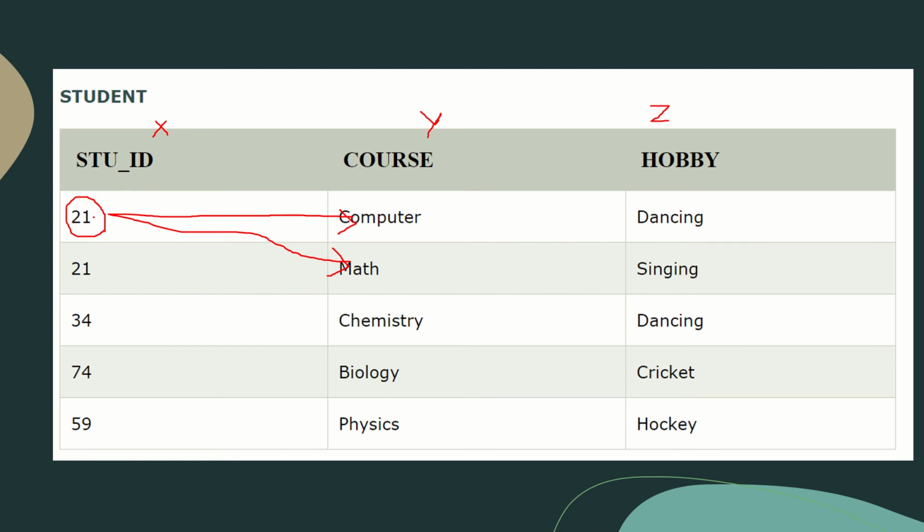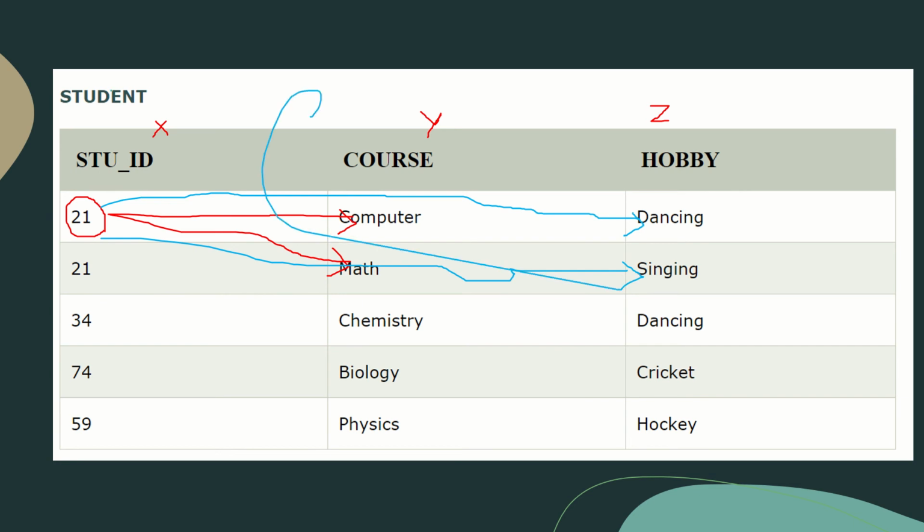In the same manner, this value 21 is also related to two values of z. I am marking it with another color. The first one is dancing, so 21 is related to dancing. Then 21 is related to singing also. So consider this example in which we take three attributes.